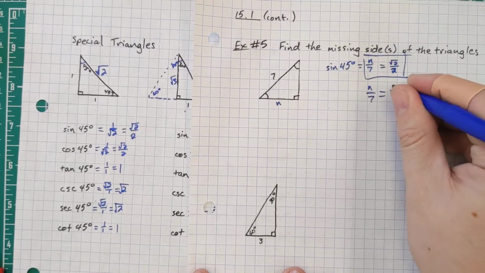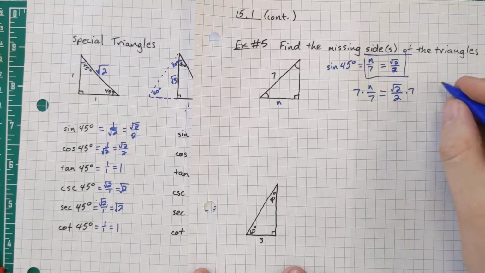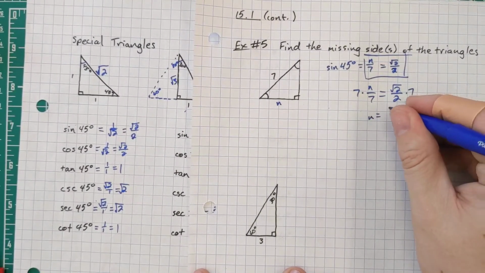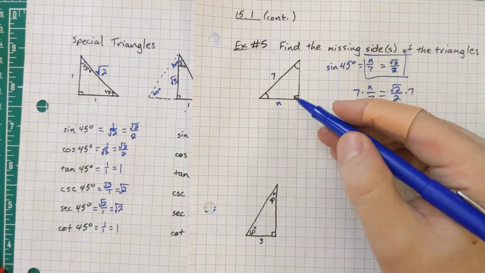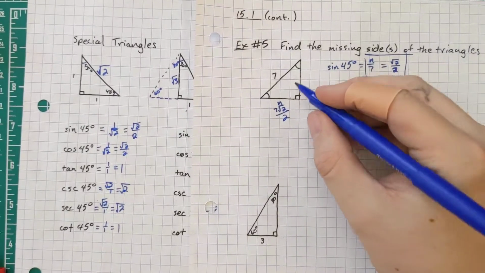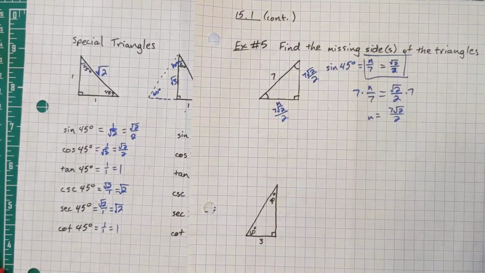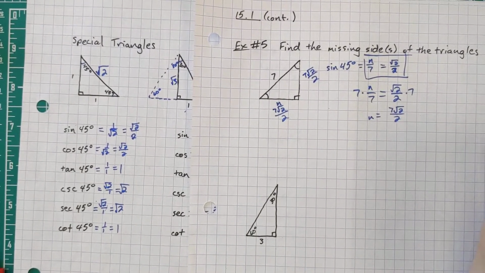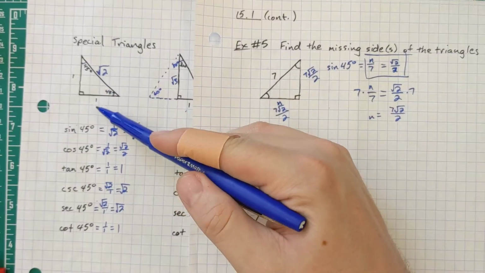So let's rewrite it. Square root of 2 over 2 equals n over 7. Let's get rid of that 7, and we get n equal to 7 square root of 2 over 2. Now if this is 7 square root of 2 over 2, I know this side is exactly the same. The other thing I could do is go back here. How do I go from the hypotenuse to this side?